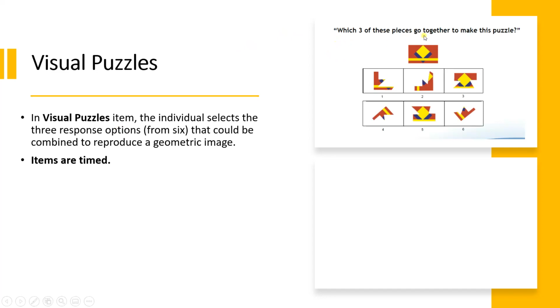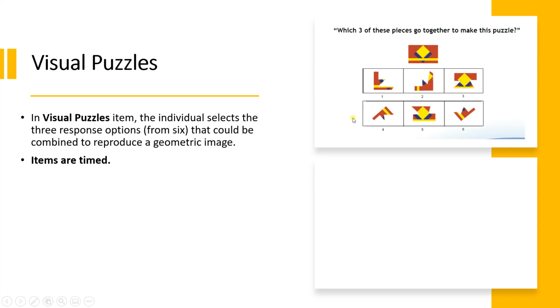Which three of these pieces go together to make this puzzle? So the participant has to make this figure by selecting any three figures. If he or she selects the three right figures, then combining these three figures will complete the problem and he or she will be able to reproduce this design.